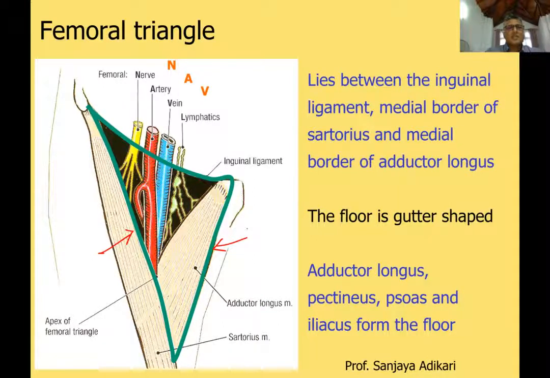Because of this definition, adductor longus actually forms the medial part of the femoral triangle. Some authors take this border as the medial border, but I recommend you take the green line that I showed you here, so that it is included in the femoral triangle, forming the floor. Adductor longus forms the floor because of this reason.